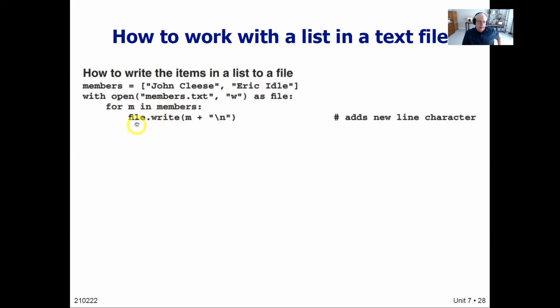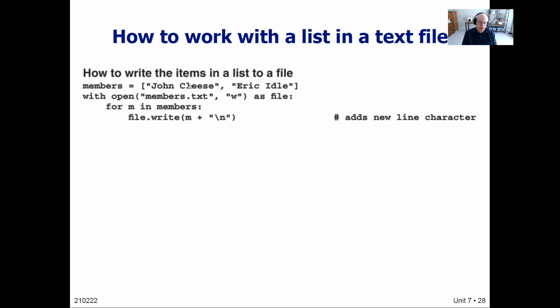And then we are going to get one line at a time. So file's going to write m plus we're going to add to it, concatenate to the end, the new line character. Okay, so that's basically building the text file to its default status, where each line will have a new line character.